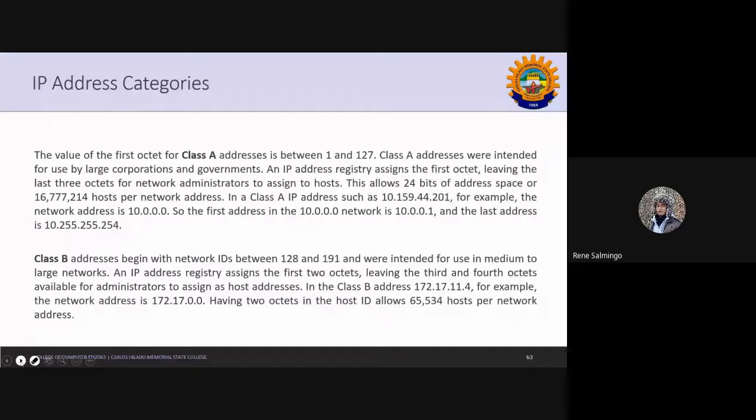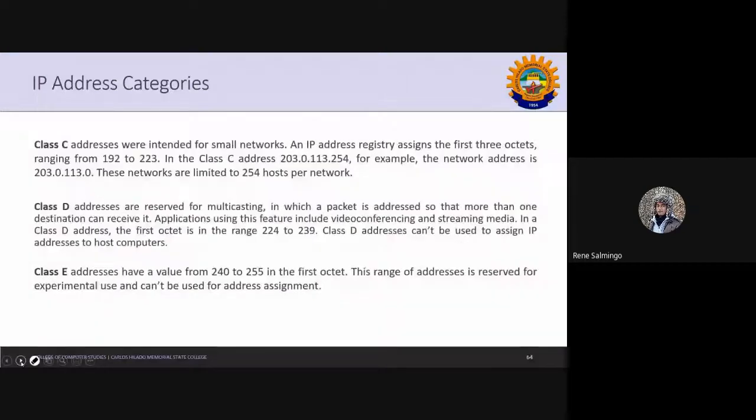Now we go to Class C, Class D, and Class E. Class C is intended for small networks, like the 192 I always write on the board. So 192 is a small network, like a laboratory. A Class C address is usually limited to 254 hosts.